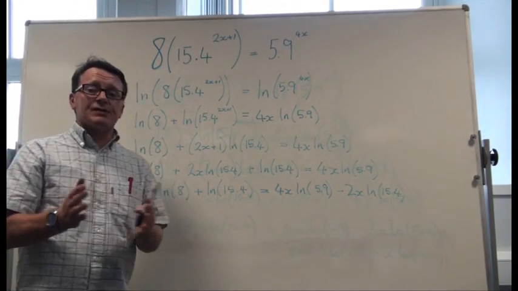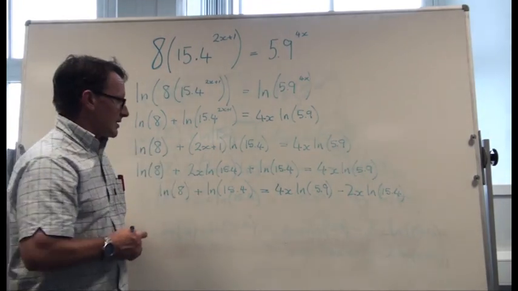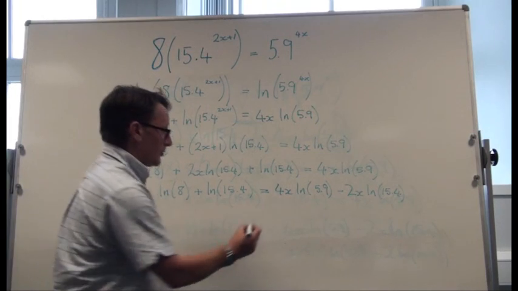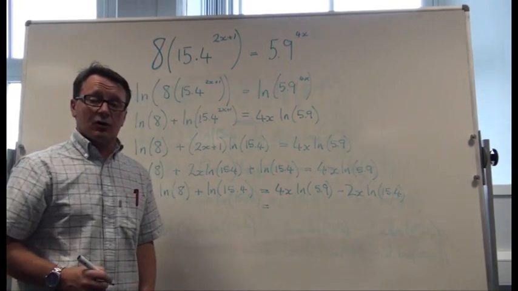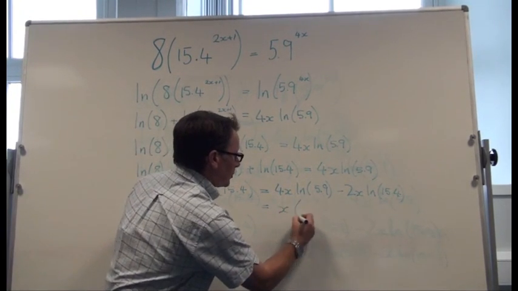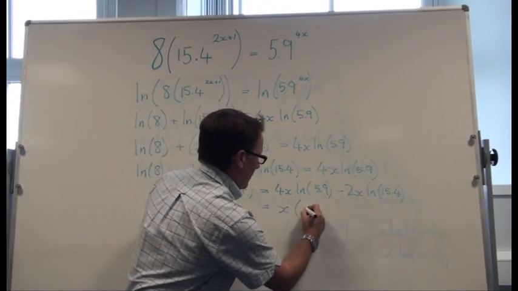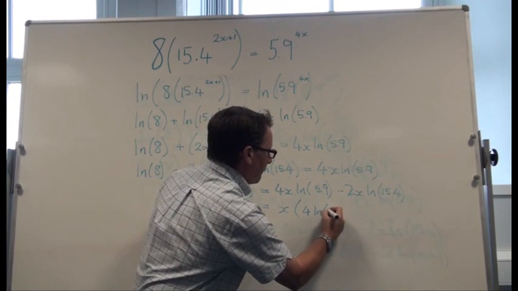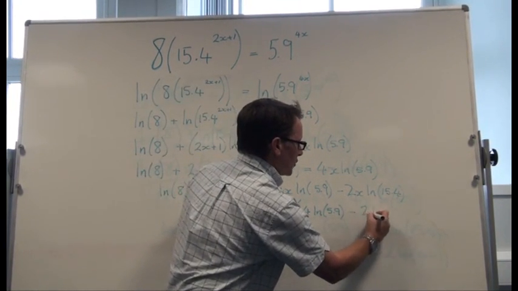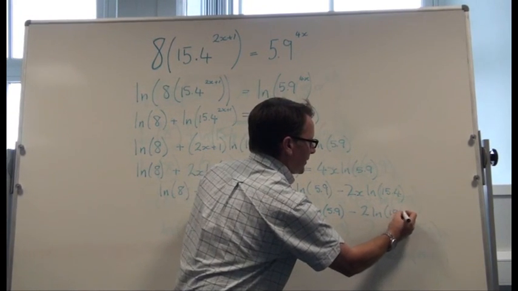Now, we've still got x written down twice, so we have to factorise that. If we factorise it by taking the x out of both expressions on the right-hand side, that will give us x multiplied by 4 log of 5.9 minus 2 log of 15.4.